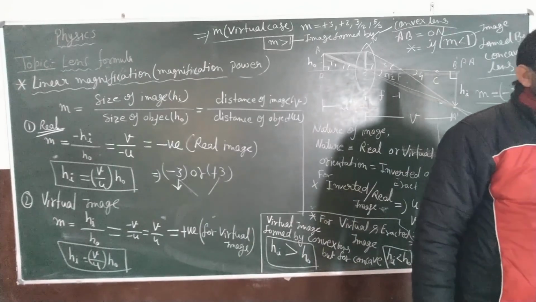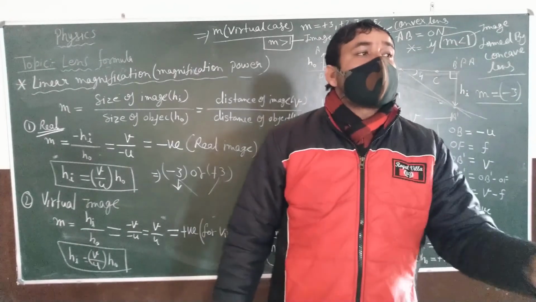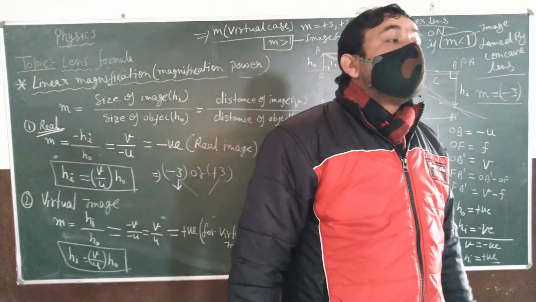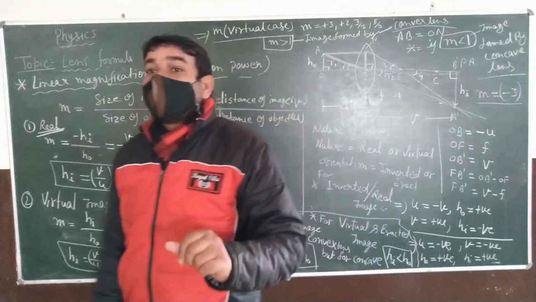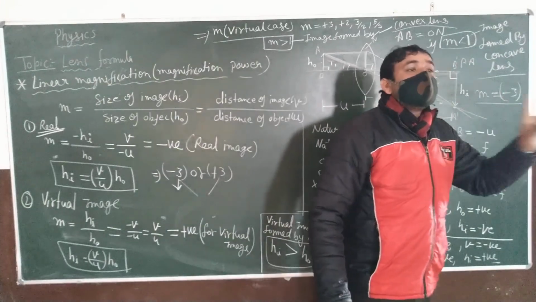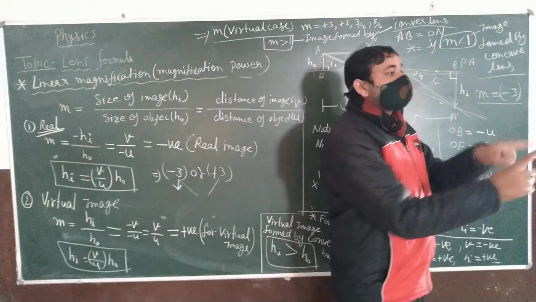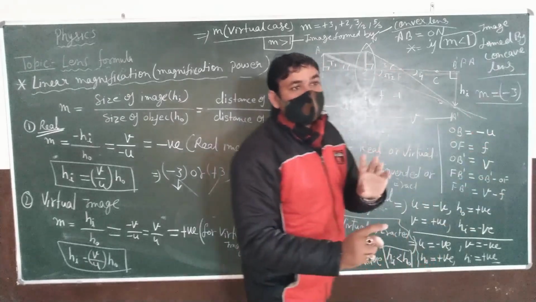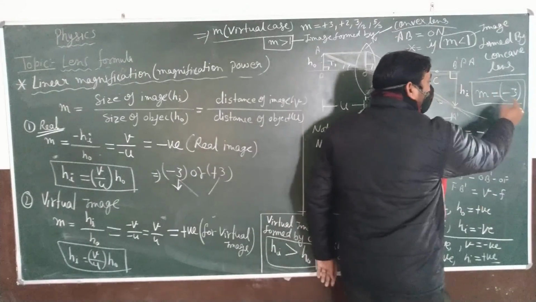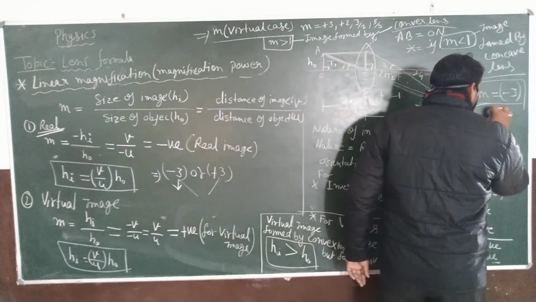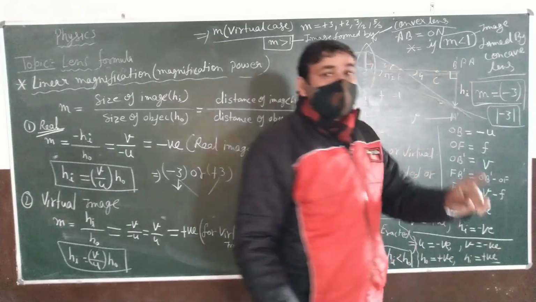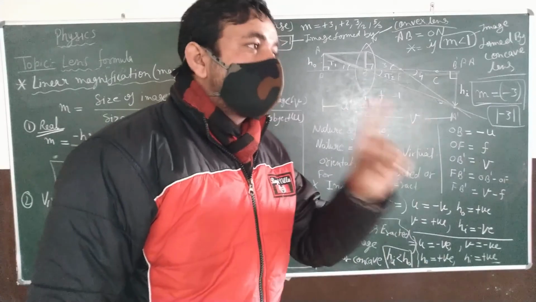One of you asked why. The negative sign indicates inverted. Yes, because the negative sign here does not indicate the size of the image. It only indicates the nature of the image, that the image is real or virtual. This is the most important thing. Here, we use only mod of 3, and the value of mod of 3 is equal to 3 only.